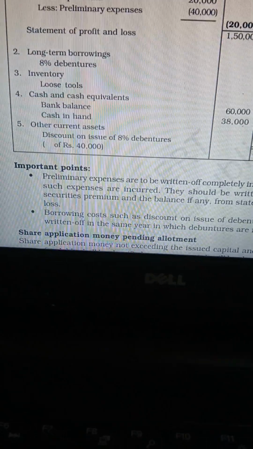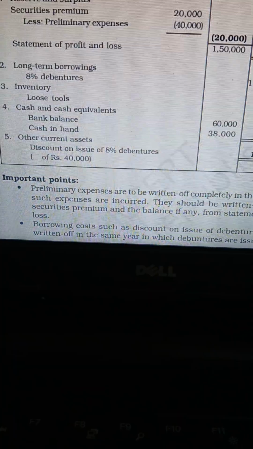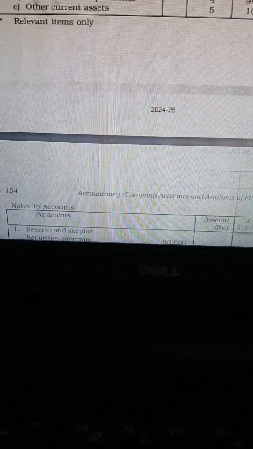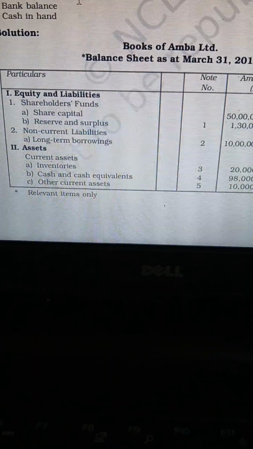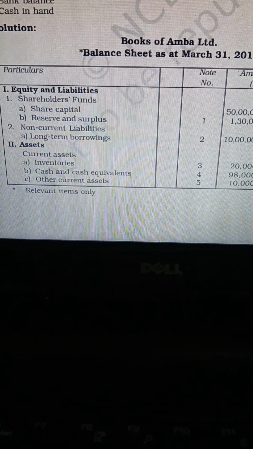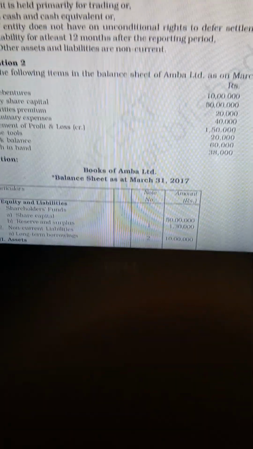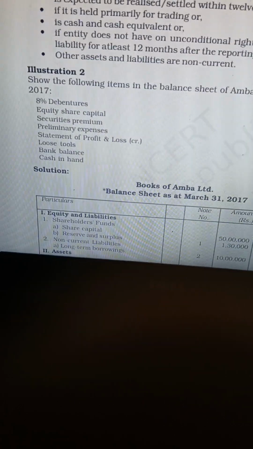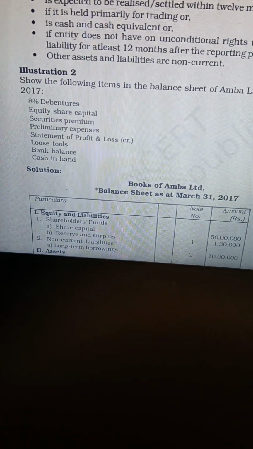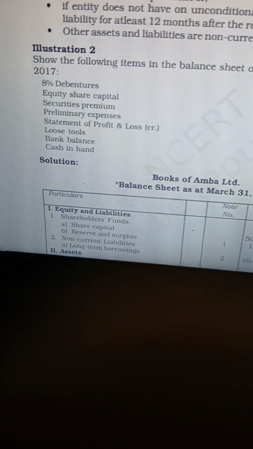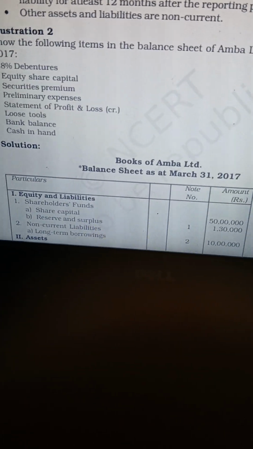Here it is given in the question as the discount on issue of debentures. Here in the question there is a mistake. There is discount on issue of debentures, the amount is not shown.